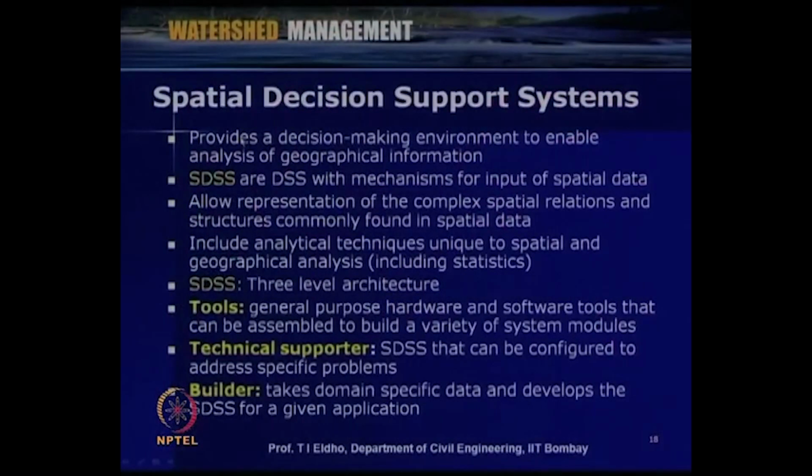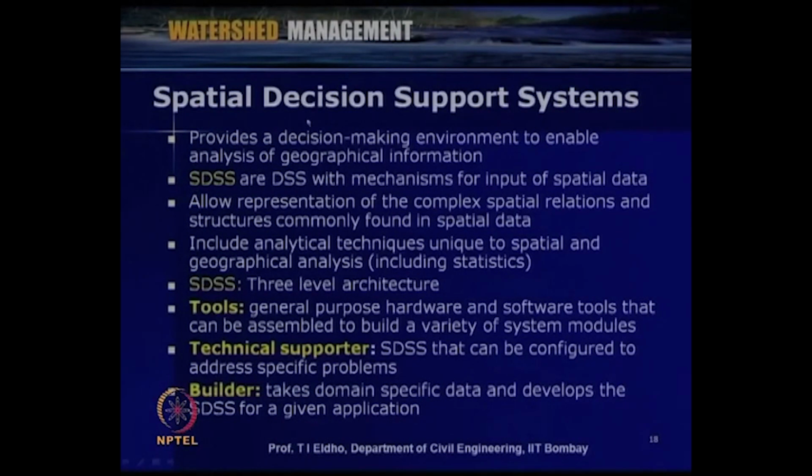When we generate a decision support system based specifically upon the spatial variation, we can call that type of system a spatial decision support system. Spatial decision support systems provide the decision making environment to enable the analysis of geographical information specifically.